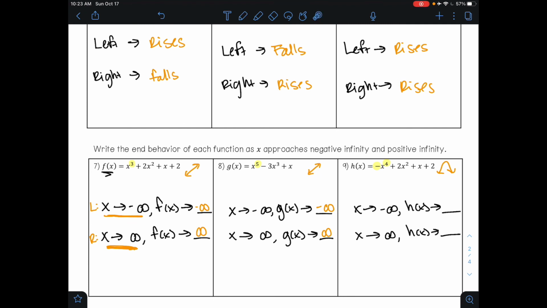Now we know that a quartic function would really be like an m, but the end behavior is going to be the same. So as x approaches negative infinity, that's telling me to look at the left side. The left side of my graph is pointing down, so that's going to negative infinity. And then as x approaches positive infinity, that's telling me to look at the right side of my graph. The right side of my graph is pointing down, so that is going to negative infinity.